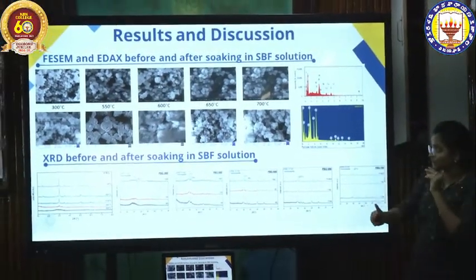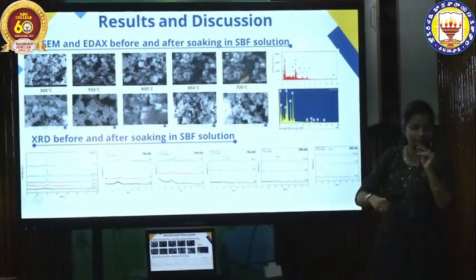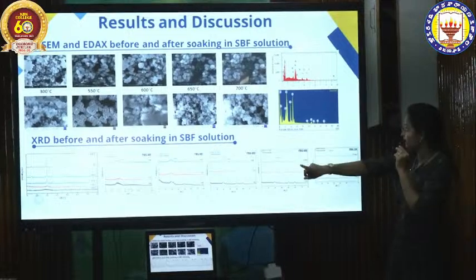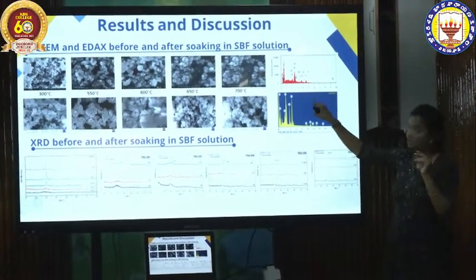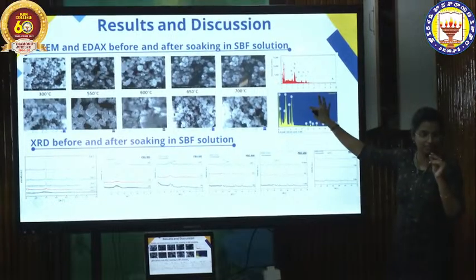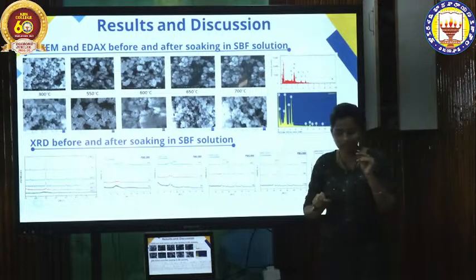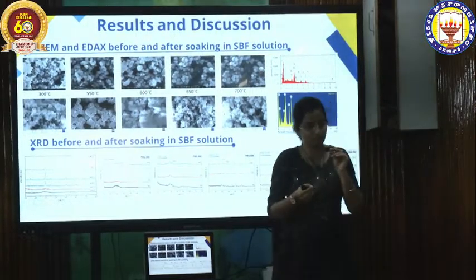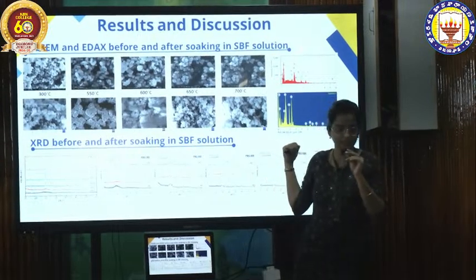So the components means the elements which we have added. The 5 elements will be identified by the elemental analysis. So all the 5 should be present here, including lithium. But lithium, since its atomic number is less than 5, can't be identified by EDAX. Rest all are present.